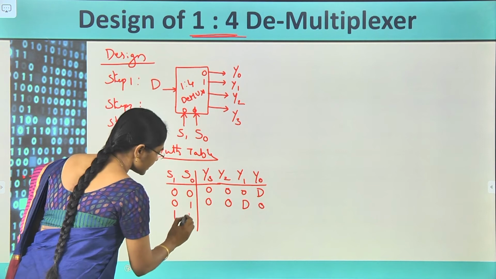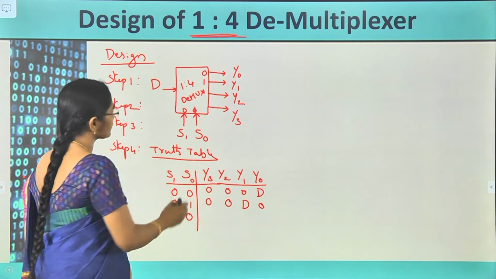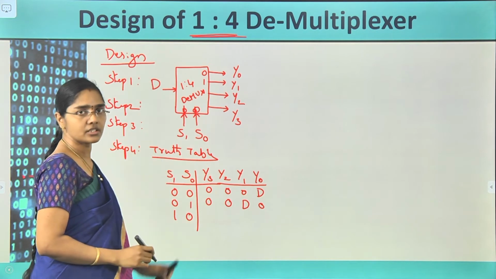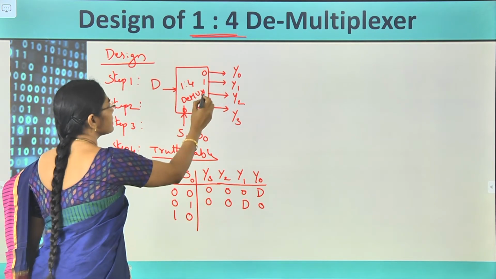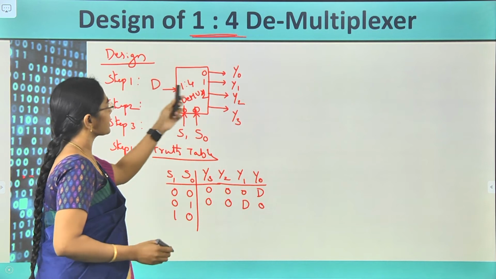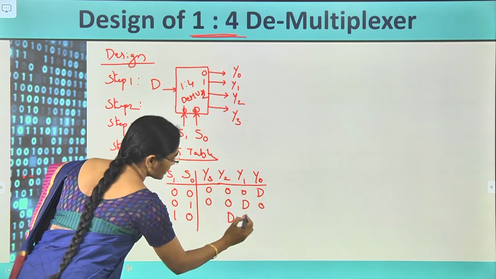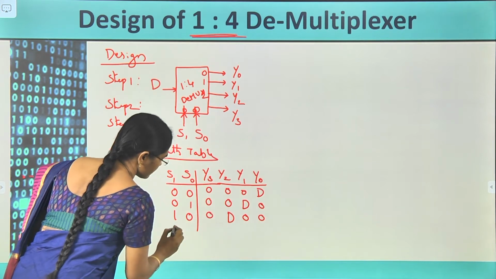Then when selection signals are 1 0, that is S1 is 1 and S0 is 0, then Y2 is connected to D, and all other signals are zeros.